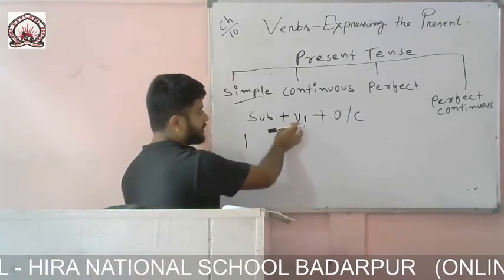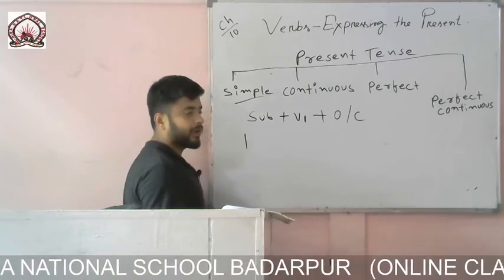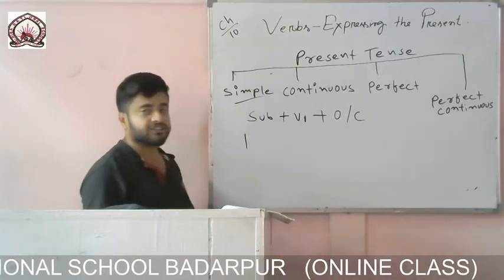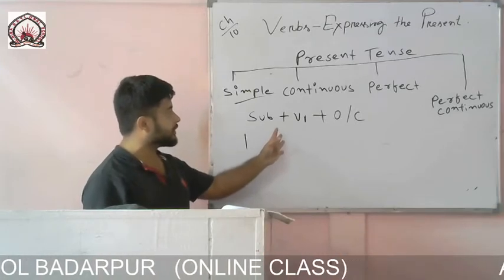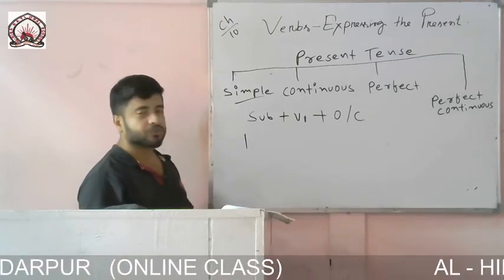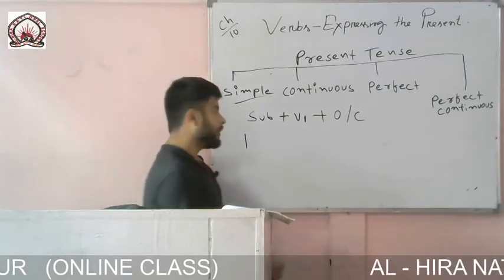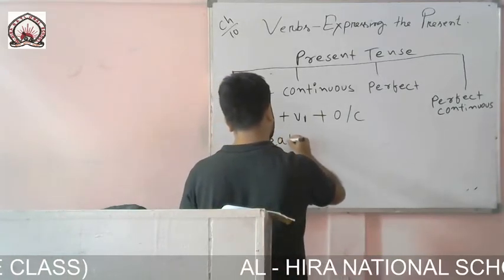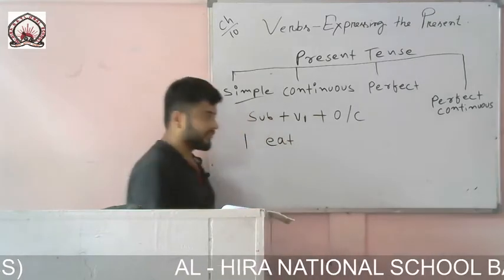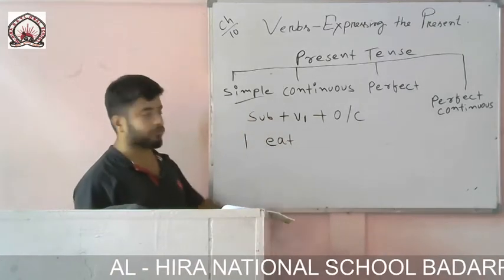Then the next step is to write a verb. And we know that a verb has three forms, and in simple present we have to use the first form of the verb. So if I write eat, we know that eat is the first form, because the second form is ate and the third form is eaten.